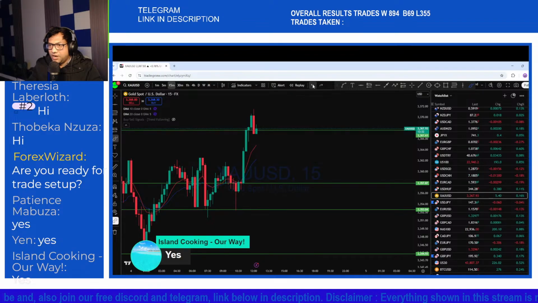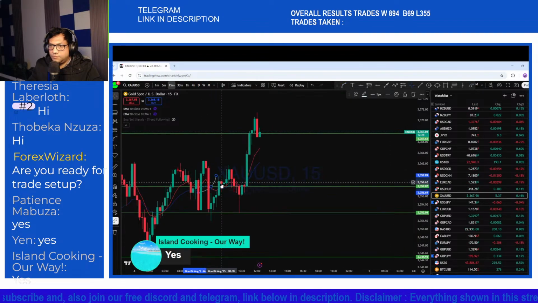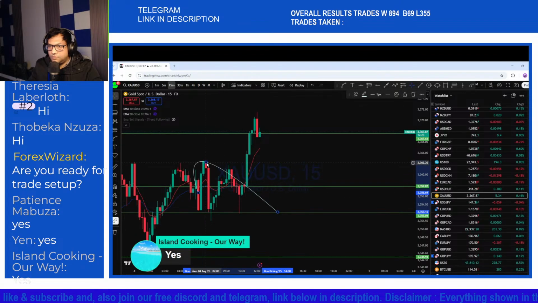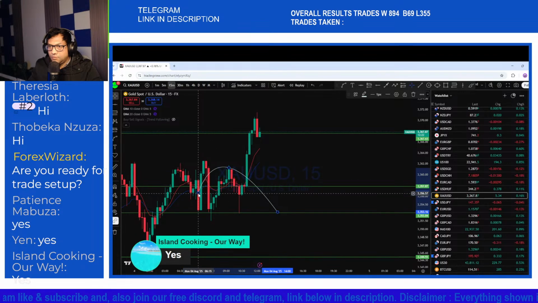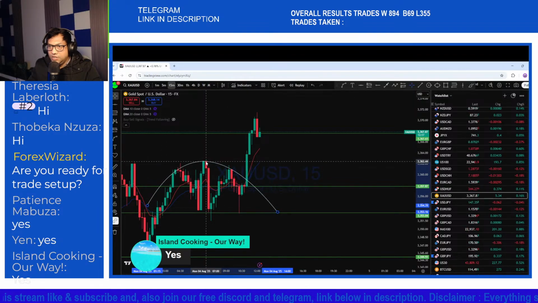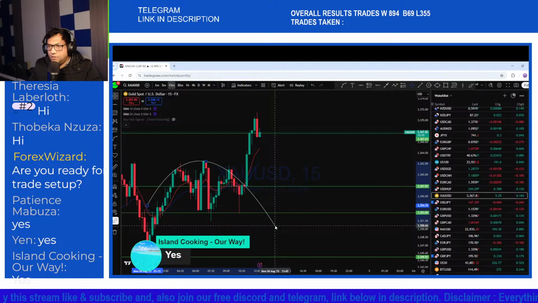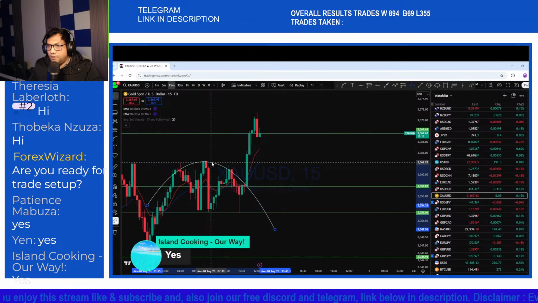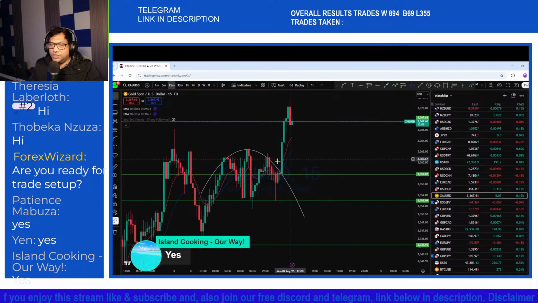And with this breakout, this is a curved structure that you can see on gold.